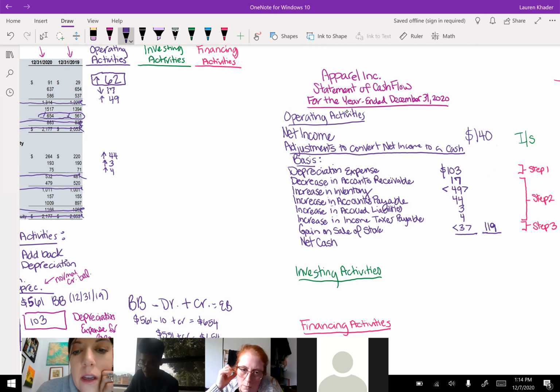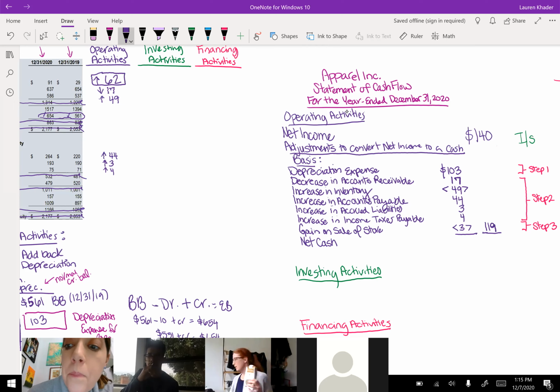And to calculate net cash provided by or used in, provided by means it's going to be a positive number for this activity. Used in means it's a negative number. We're going to take net income 140 plus the 119. Is that going to be a positive amount? Yes.